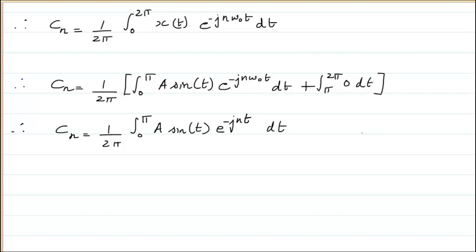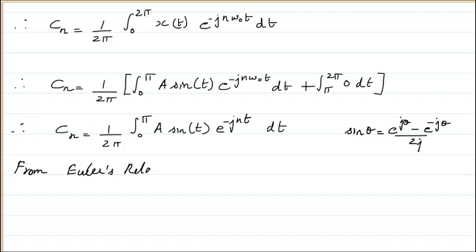Now I have already said sine of theta can be written as e raised to power j theta minus e raised to power minus j theta divided by 2j. I can write that, isn't it? Therefore, from Euler's relation, I can rewrite this.